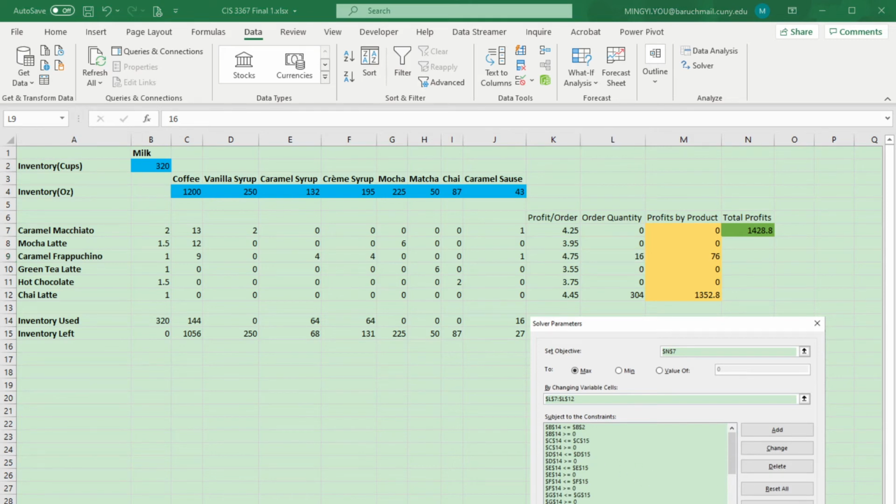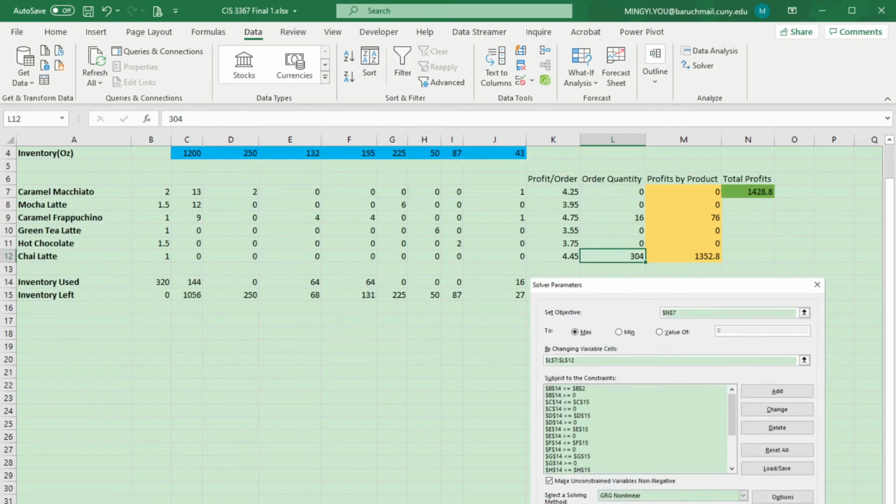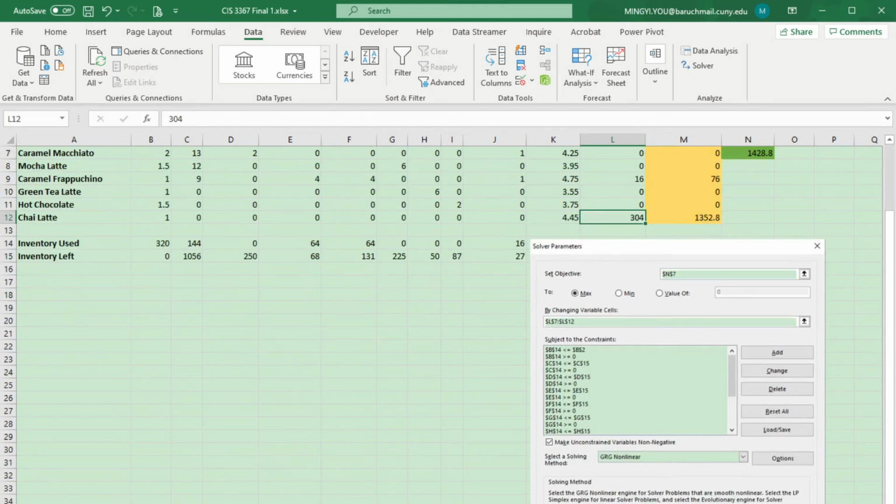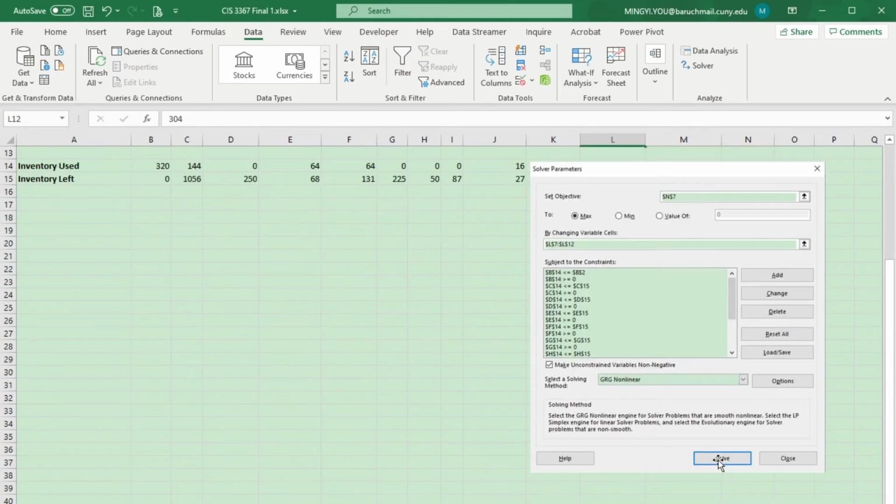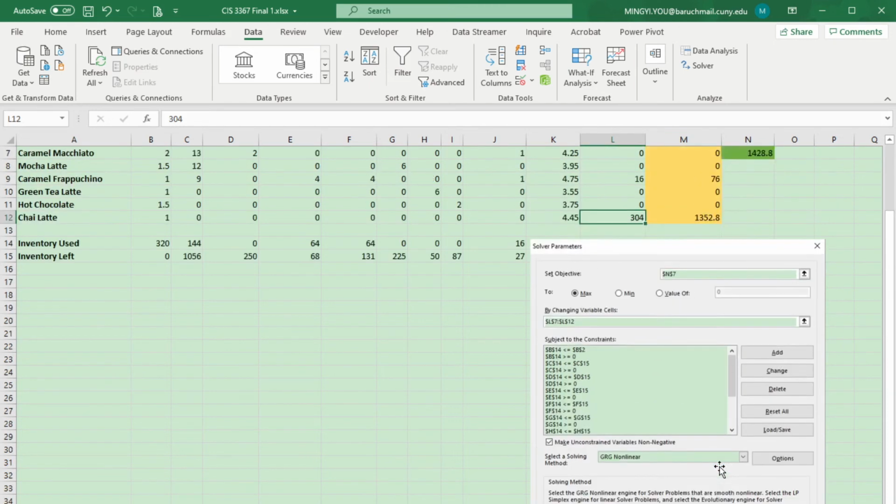After you finish your constraints, you can click the solve button at the bottom, and it will appear a tab that gives you the choice to generate an answer report and save the numbers at the same time.